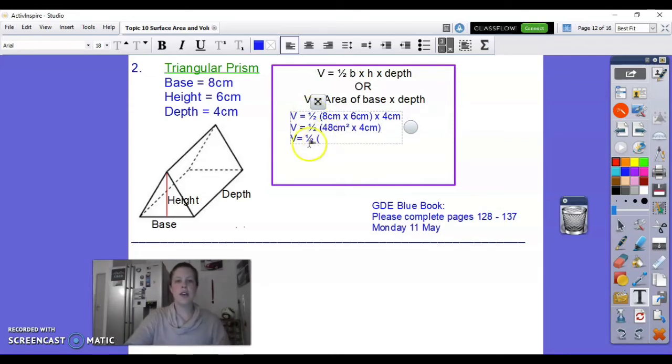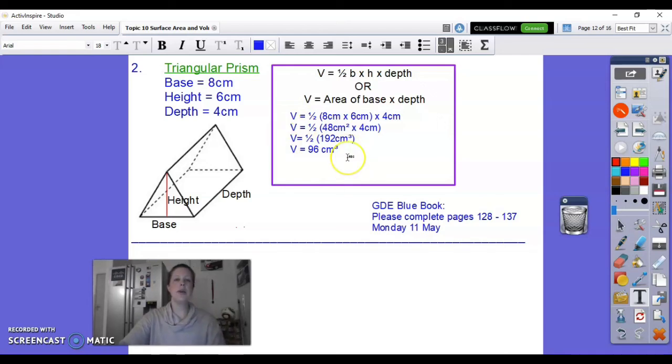So I'm left with the volume is half of 192 centimeters cubed. And a half of 192 gives me 96 centimeters cubed. So I can now see that my volume of my triangular prism is 96 centimeters cubed.